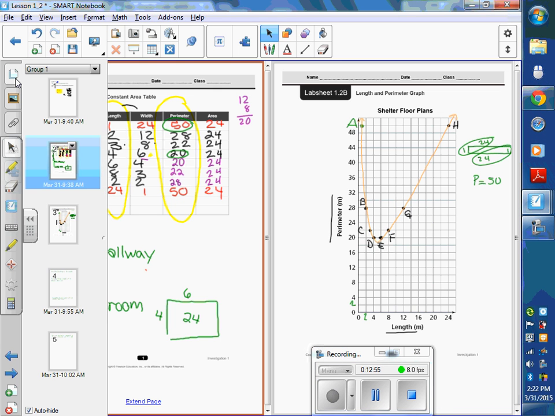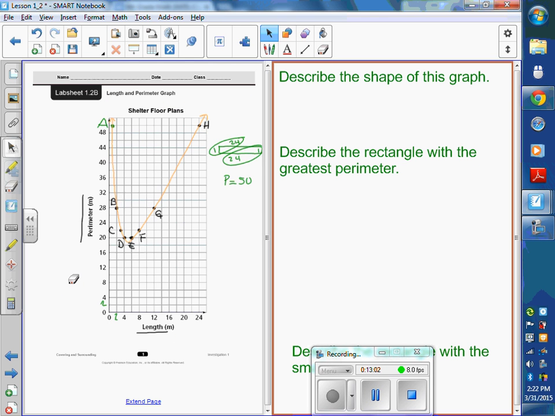And then you have to answer some questions. So I want you to go to this next set of questions. And first of all, just describe the shape of your graph, Ava. How would you describe it in your own words? Yeah, it's kind of like, it's not really a V. Yeah, it's a curve.